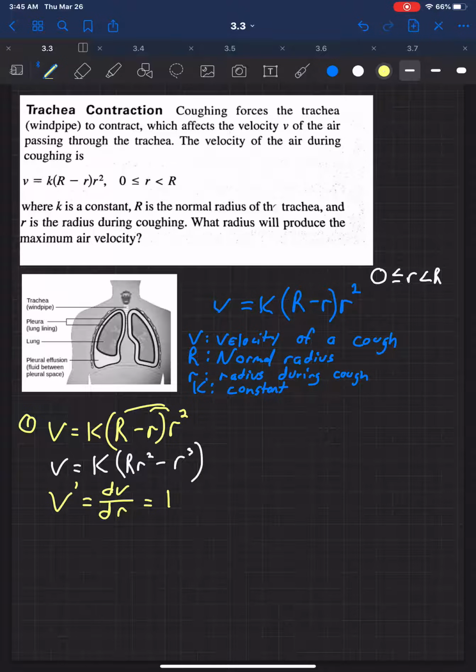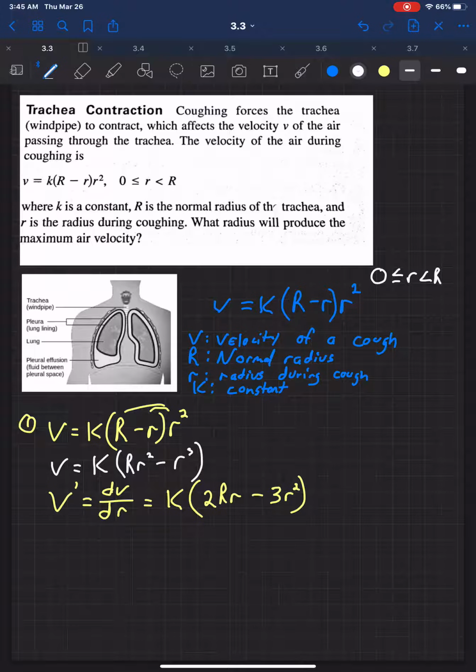The k is a constant that's going to remain there, and the derivative of big R times little r squared is going to be 2r times little r. And the derivative of r cubed is going to be 3r squared. Okay, now, bear with me. I know there's someone watching this video thinking, wait a minute, why isn't my professor using implicit differentiation?